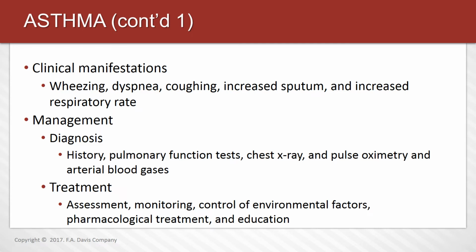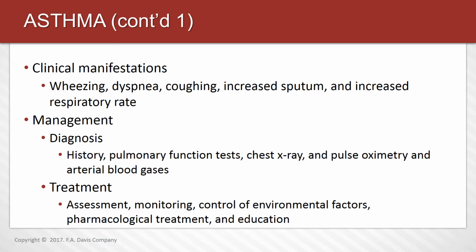So in terms of diagnosis, we want to look at different things. History is important, pulmonary function test, x-ray, pulse ox, and ABGs. And then in treatment, certain medications are used here. Treatment includes monitoring very closely.